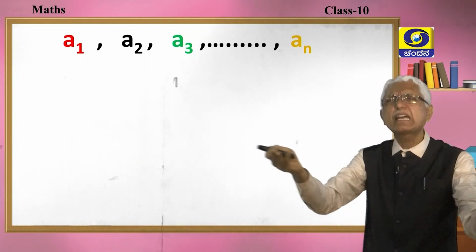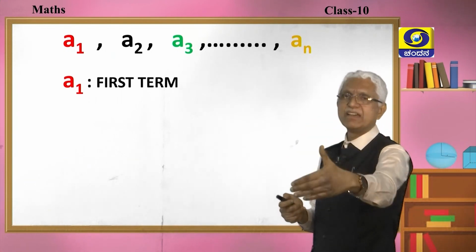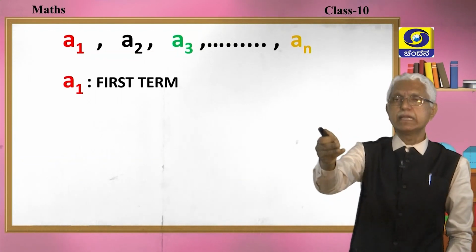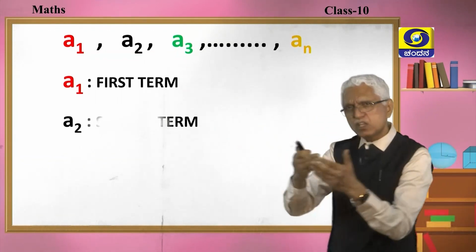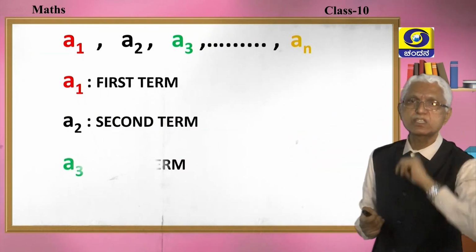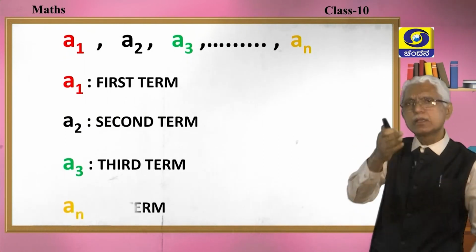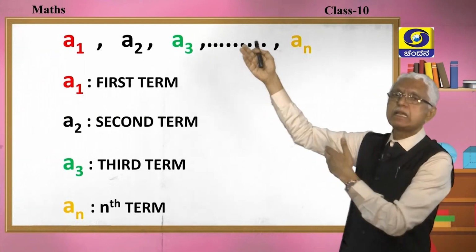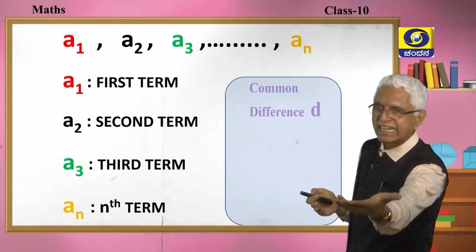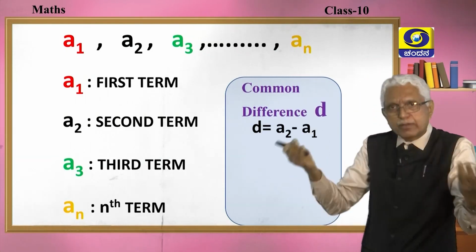It is just a set of numbers I have written, instead of writing 2, 5, 8, 11, etc. In general, A1, A2, A3 dash dash dash AN. These are all the terms, and A1 is the first term, A2 is the second term, A3 is the third term. There are so many terms, and AN is the nth term. Suppose you ended with A10, there are 10 terms. You ended with A25, there are 25 terms.